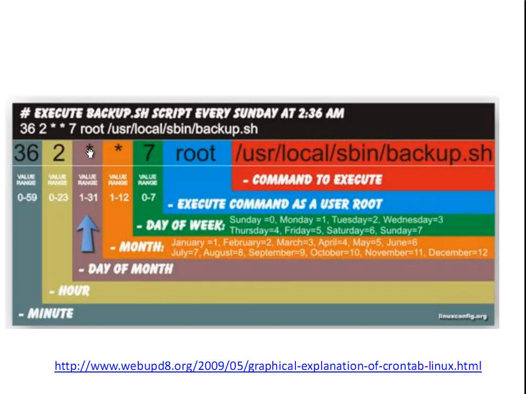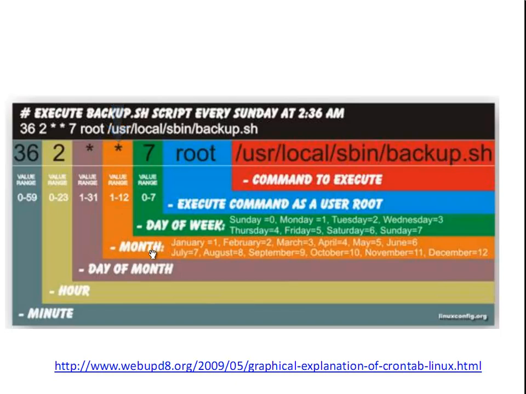The next column here is for the day of the month, and the value range here is from 1 to 31. The asterisk here means every day. If we look back at the previous 2 columns, let's say we had an asterisk here as well, this would mean every hour. If we had an asterisk right here, it would mean every minute. If we move to the orange shaded area, we see that this stands for the month.